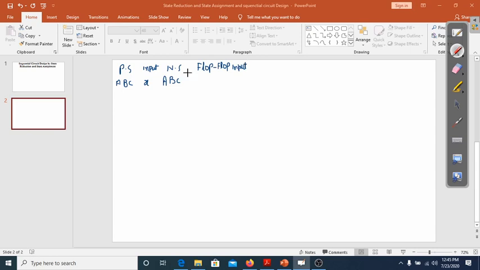Corresponding to the present state, next state and inputs, we have given the output of the circuit, which is Y.